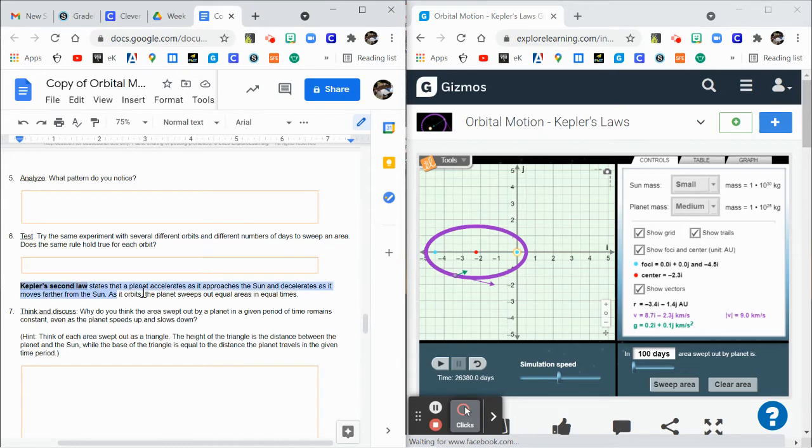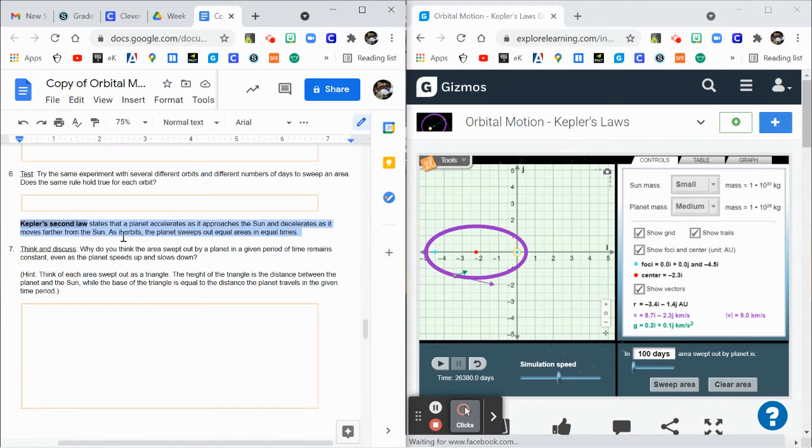And then here we go. Here is Kepler's second law. It states that a planet accelerates as it approaches the sun and decelerates as it moves farther from the sun. As it orbits, the planet sweeps out equal areas in equal times. Think and discuss.